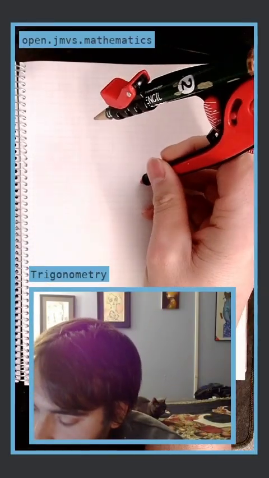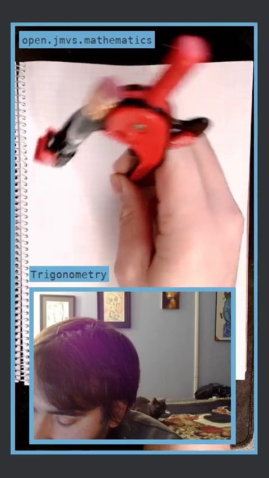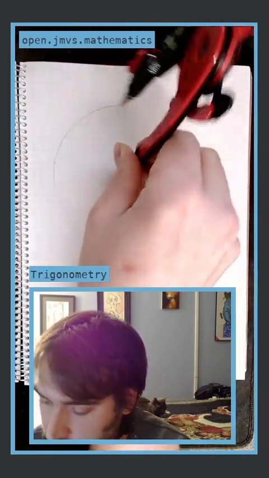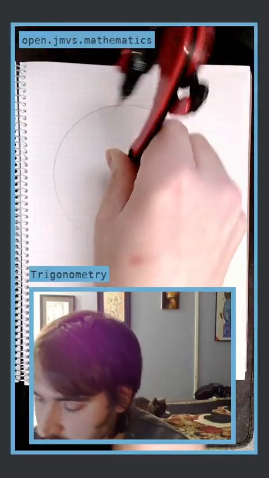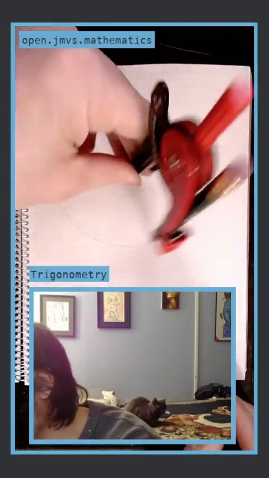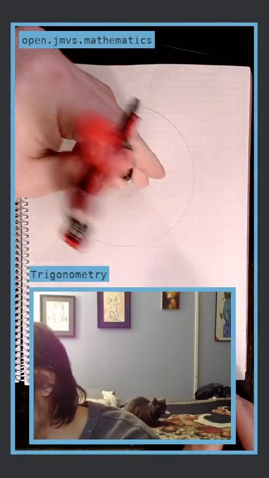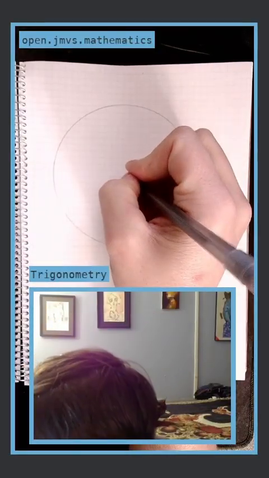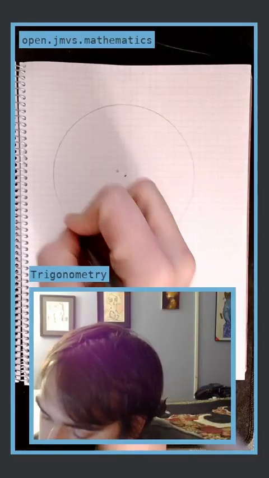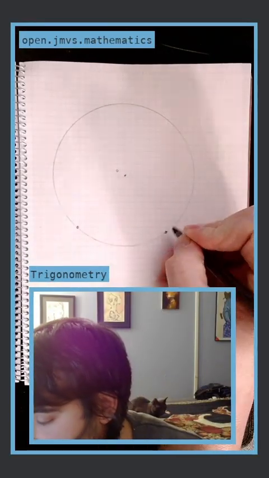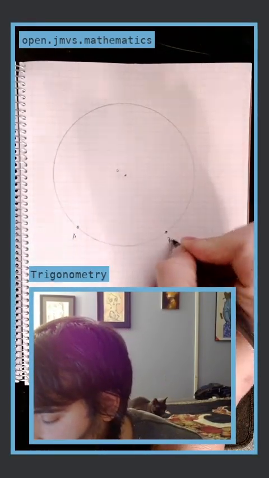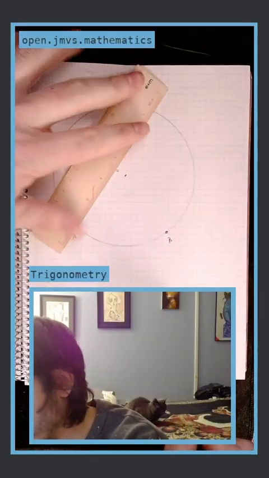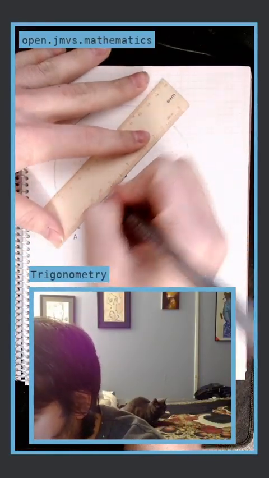So let us draw our circle again. Let's draw it a little bit higher this time. Could have gone higher. Oh well. Nice old circle. Label our point O, which is our center. We will select A and B, and we will construct the isosceles triangle associated to theta. We'll also label theta.